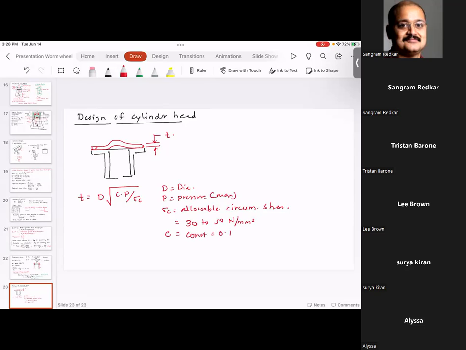So these are the main steps for cylinder design.